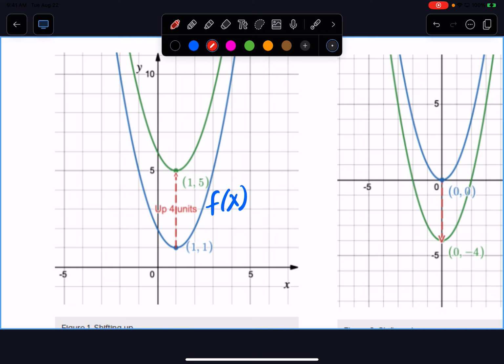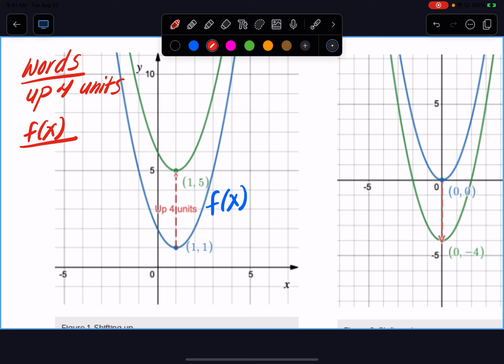Now, let me show you, if they said to you, write the f of x answer. So if they said to you, what's the transformation? Then you could write it in words. Words is up 4 units. Then there's the f of x answer. This is what I would write in my notes. So a shift of up 4 units looks like this. You'd say I'm taking my f of x and I'm adding 4 to it.